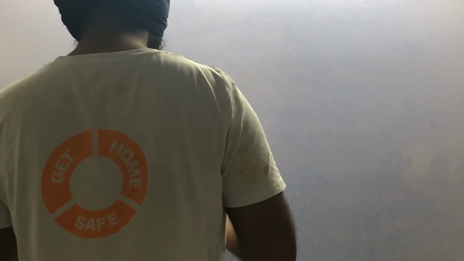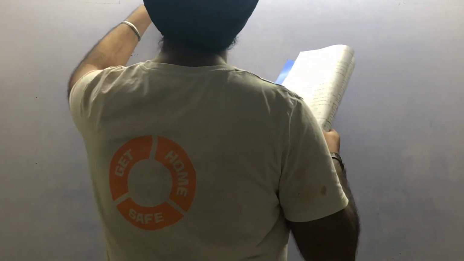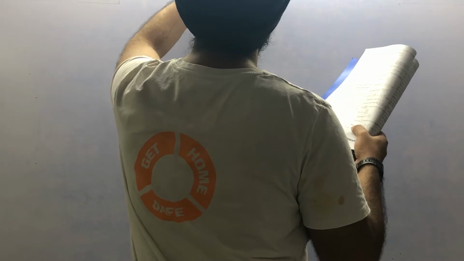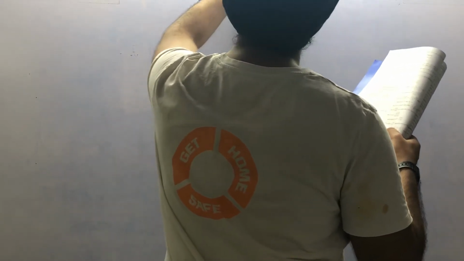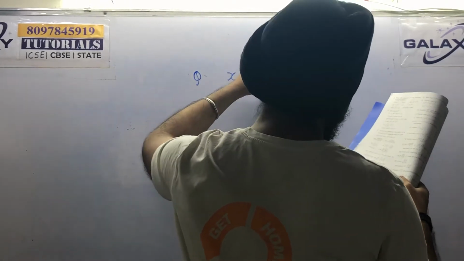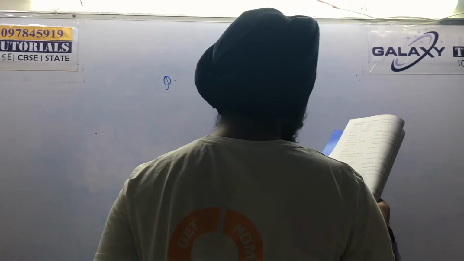Next one. Question: x plus iota y is equal to under root of (a plus iota b) upon (c plus iota d).